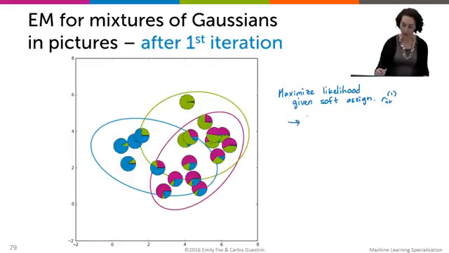And this is going to lead to updated estimates of our cluster parameters, pi hat k at iteration 1, mu hat k at iteration 1, sigma hat k at iteration 1.